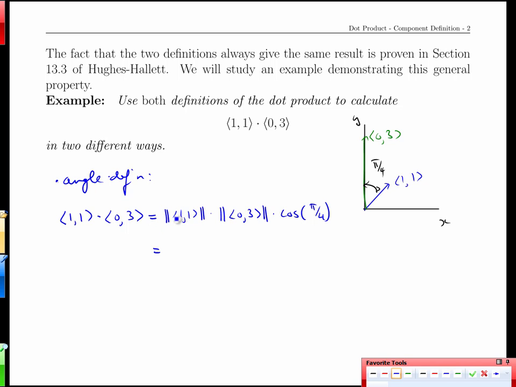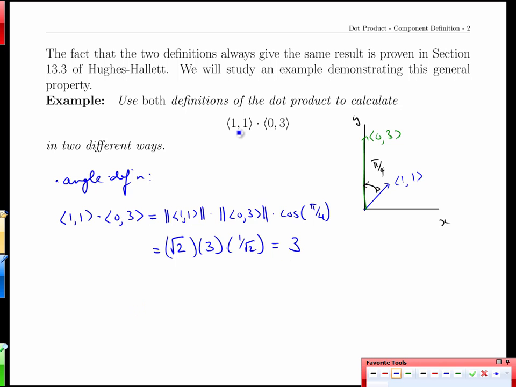Now the length of the 1, 1 vector is 1 squared plus 1 squared, that's then square rooted, so we're going to get root 2 for that. The length of a vector that's purely vertical, but length 3, is just 3. And cos of pi over 4 is 1 over root 2. Now there's a bunch of root 2's running around, but fortunately they cancel, and we end up with a dot product of these two vectors being just 3.